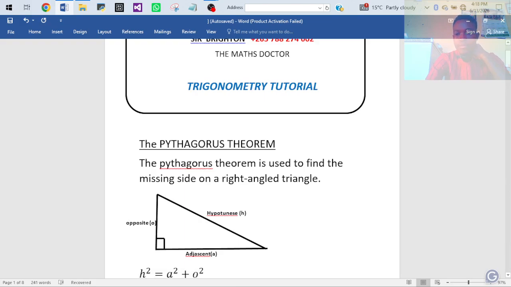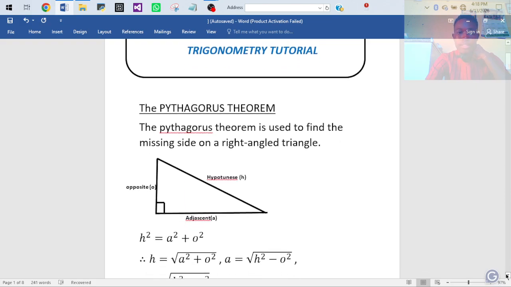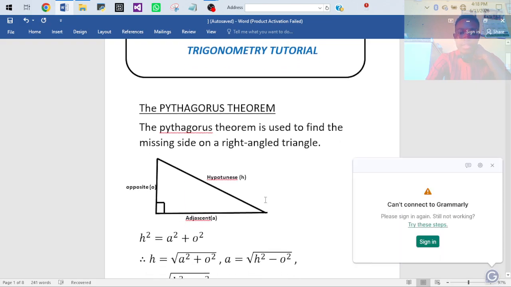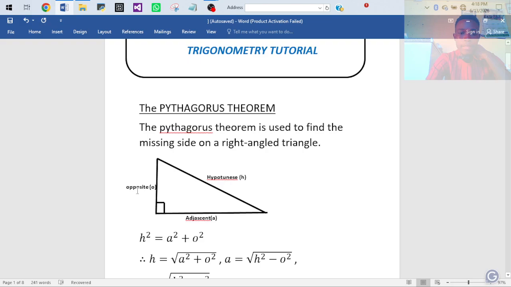To simplify, let's call the hypotenuse h, the opposite o, and the adjacent a. So the Pythagoras formula says h squared equals a squared plus o squared, which means hypotenuse squared is equal to the adjacent squared plus opposite squared.